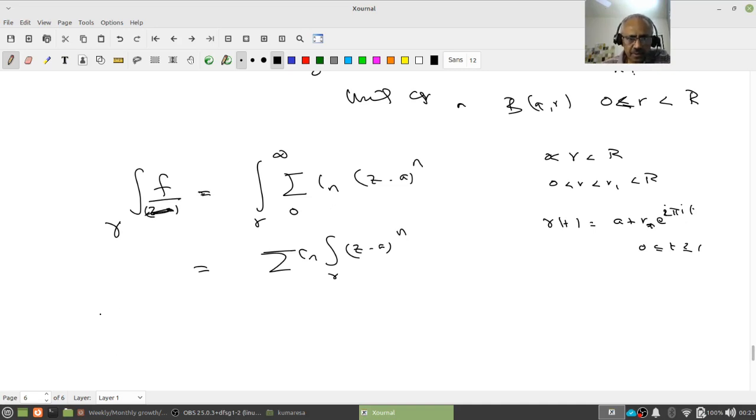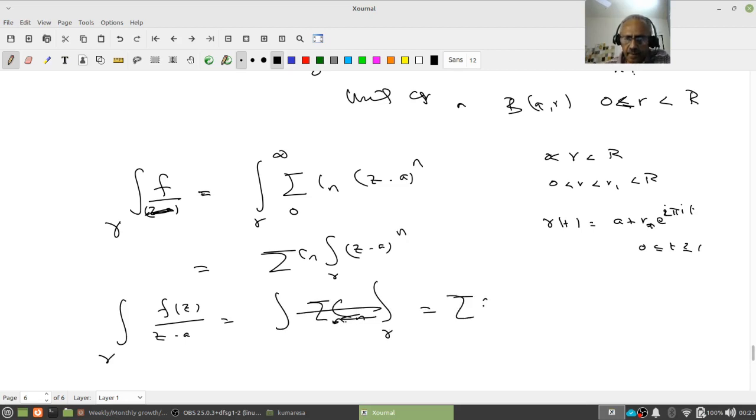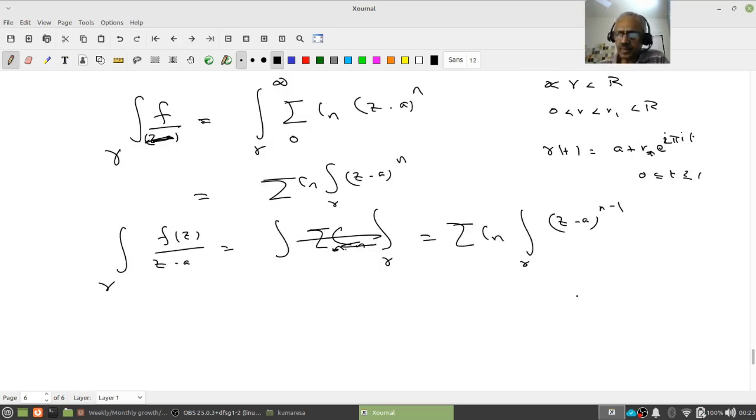Therefore, the integral of f(z) by z minus a over gamma is going to be the sum of c_n times the integral of (z minus a)^(n minus 1) over gamma. You follow that? But what is c_n? This c_n is the nth derivative of f at a divided by n factorial.